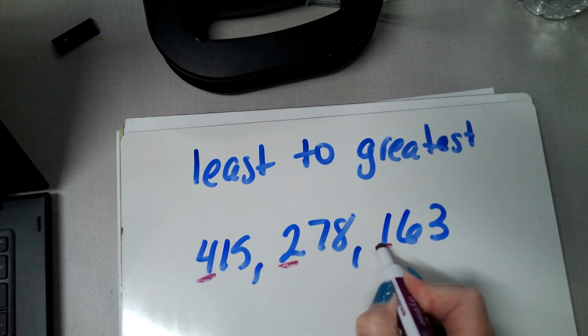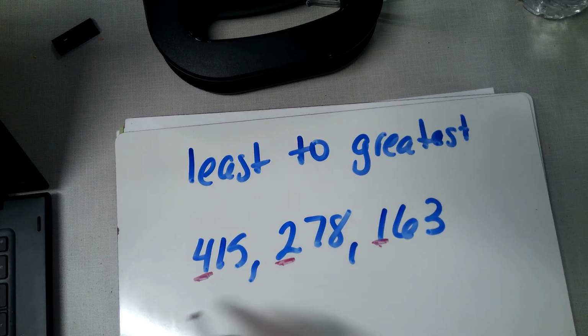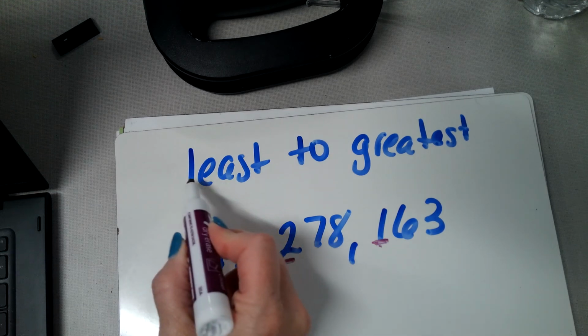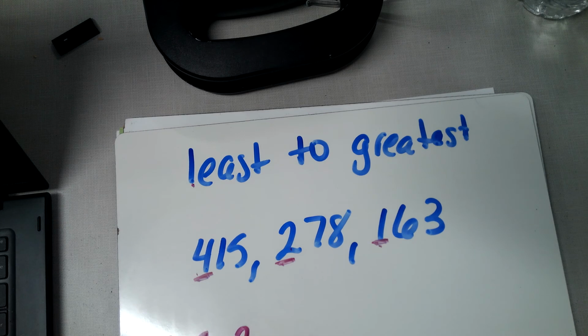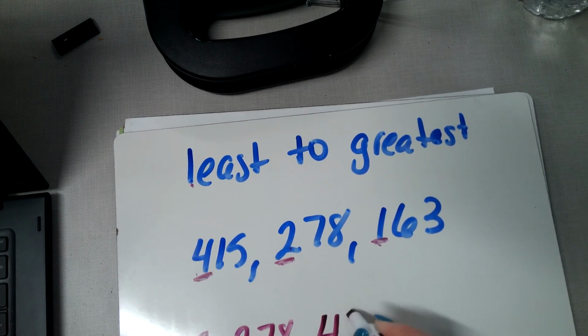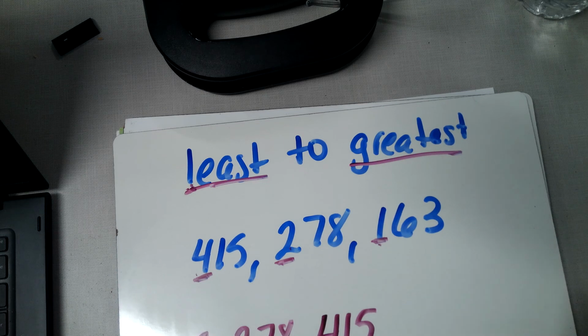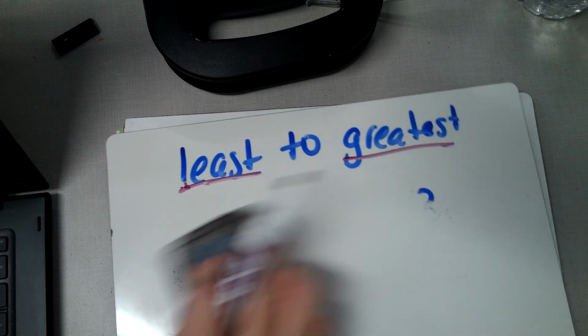I'm going to look at the number to the furthest left. Well, 163, 100 is the least, so that one would go first. Then I look at the 4 and the 2. Well, 2 is less than 4, so 278. And then my next number would be 415. So if it asks me to compare from the least to the greatest, I'm going to look at that smallest number to the biggest number. 163, 200s, 400s.